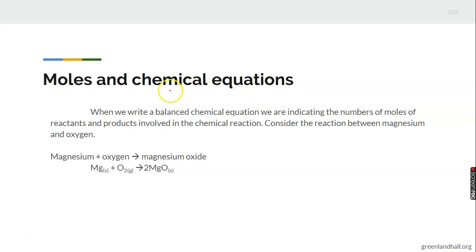So, moles and chemical equations. When we write a balanced chemical equation, we are indicating the number of moles of reactants and products involved in the chemical reaction. Consider the reaction between magnesium and oxygen, just like you have it here, which will give you magnesium oxide.